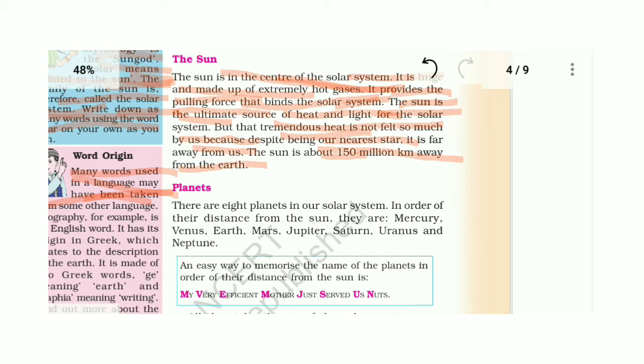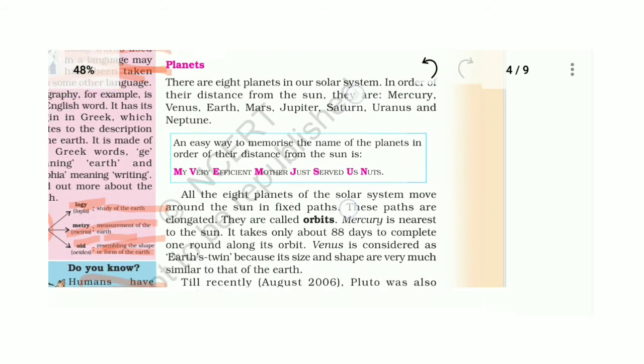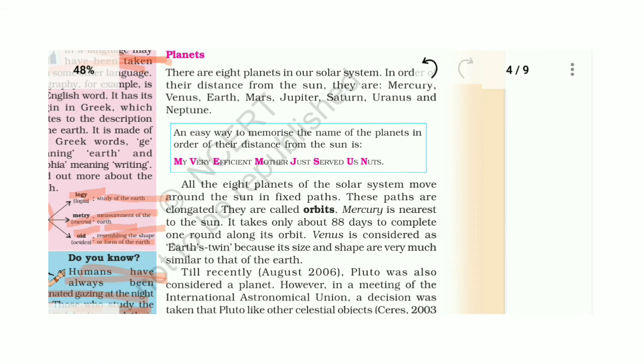There are 8 planets in our solar system: Mercury, Venus, Earth, Mars, Jupiter, Saturn, Uranus and Neptune. Mercury, Venus, Earth, and Mars are made up of rocks, and they are inner planets.